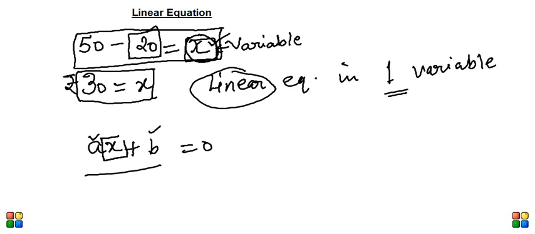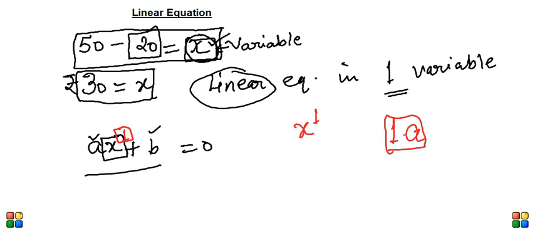The highest power of x is 1; if nothing is given, like when it is written x, it means the highest power is 1. If it is merely written a, it can be written as a multiple of 1. So all these things are just an introduction to the linear equation.